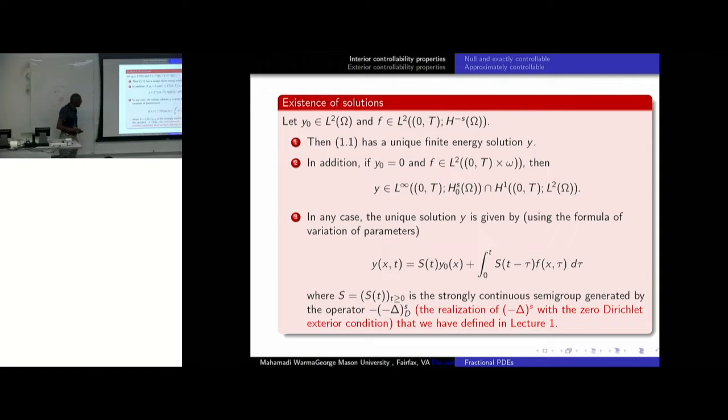In any case, the solution is given by the variation of constants formula: the semigroup applied to the initial value, plus the convolution between the semigroup and your non-homogeneous term f. Always the solution is given by that, like what we saw yesterday, exactly as for the Laplacian with zero boundary condition.